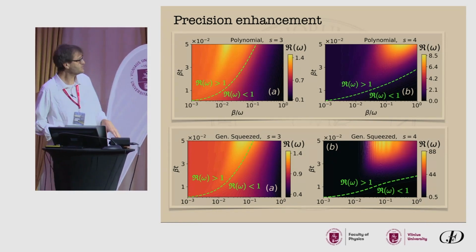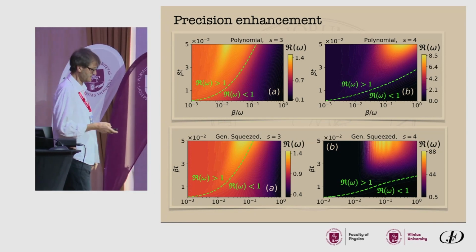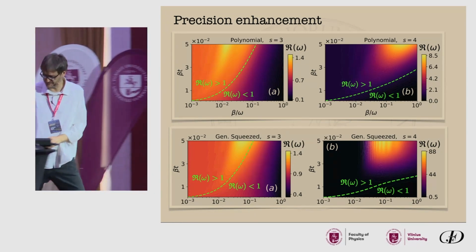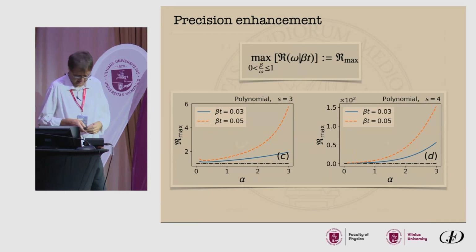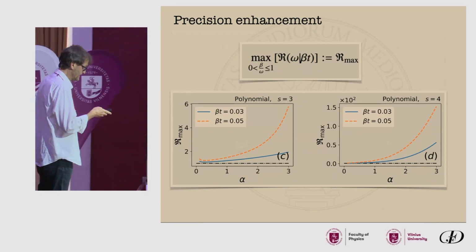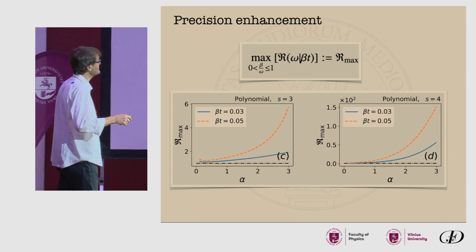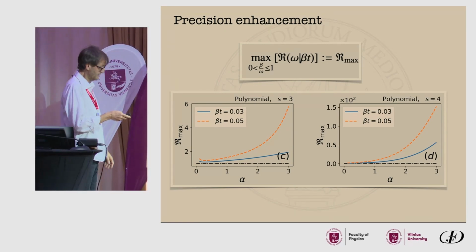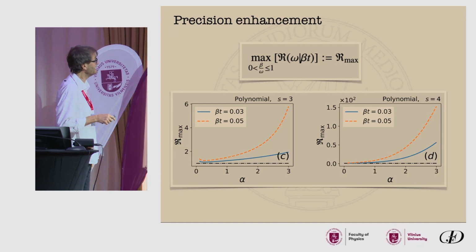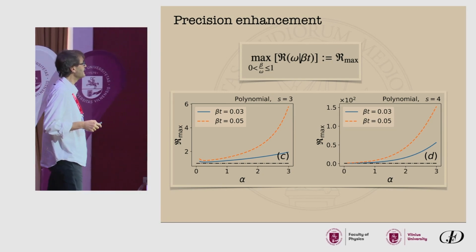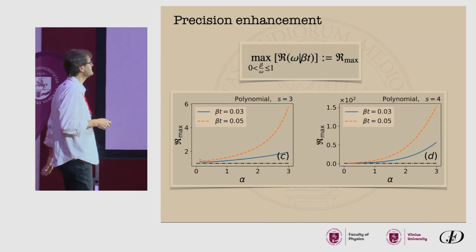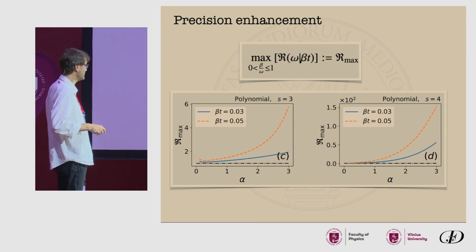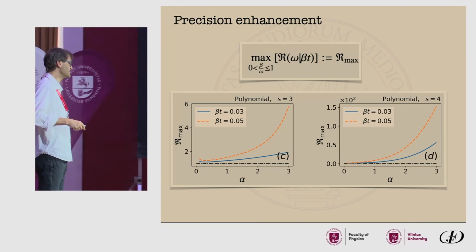And in order to see how this depends on the amplitude, we also consider another figure of merit. Fixing the evolution time, we were optimizing over the nonlinear coupling in order to see the behavior as a function of the initial energy, the initial amplitude.